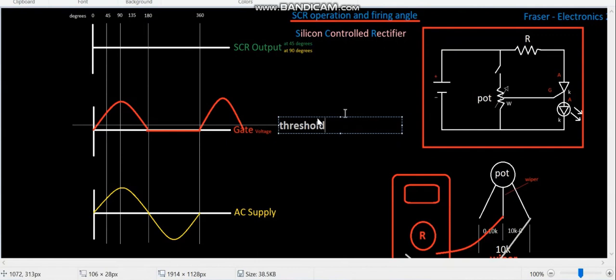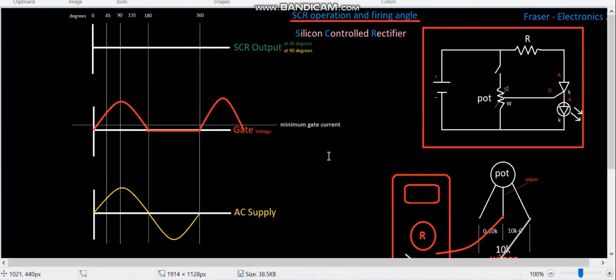This threshold, we don't really think of as a threshold. It is, however, the minimum current level for the gate, and it is necessary, because if our minimum current is not enough, then the gate's not going to turn on.